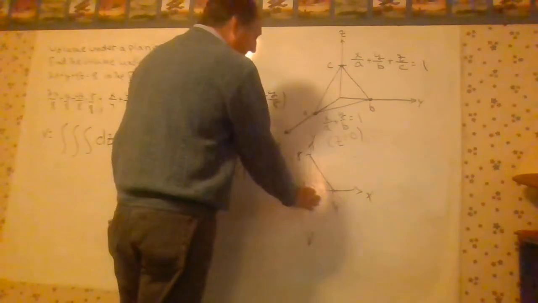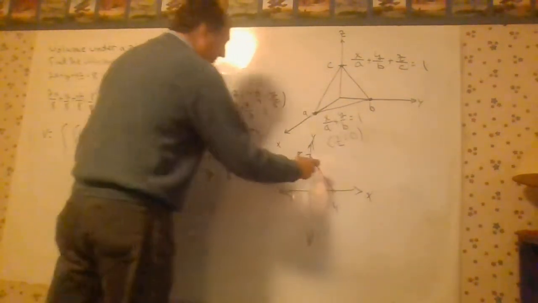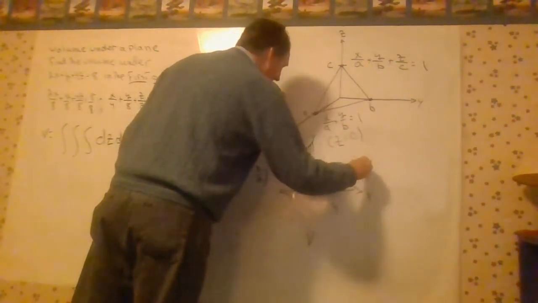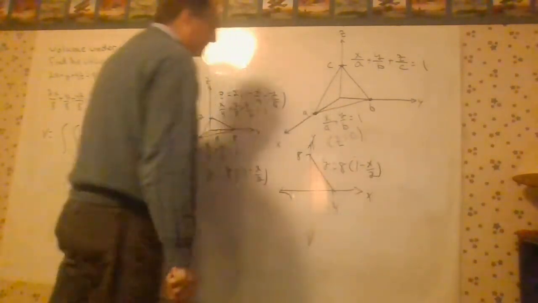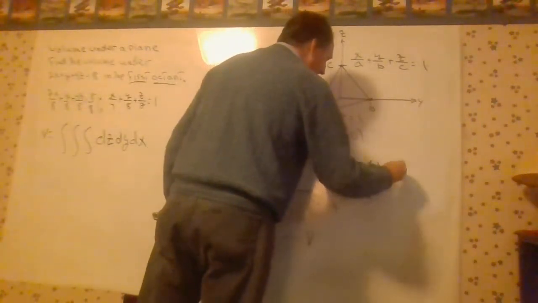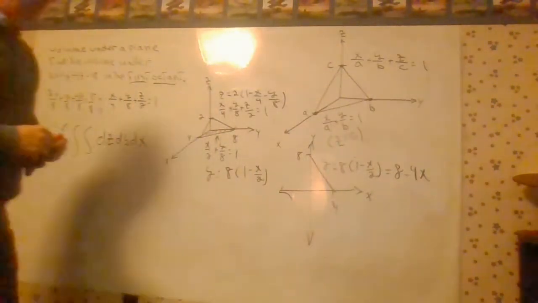And then x is going to go from 0 to 4, y is going to go from 0 up to this curve. This curve happens to be y equals 8 times 1 minus x over 2. You can even distribute the 8 out, 8 minus 4x, if you wish.